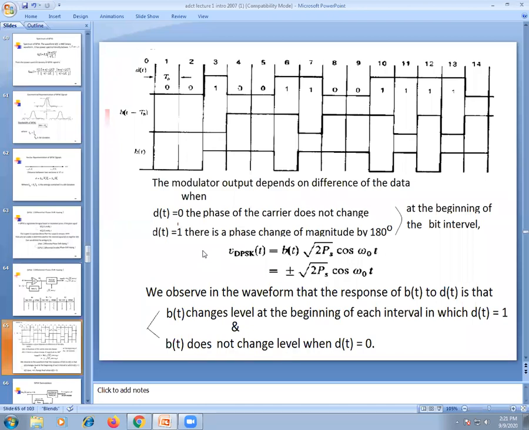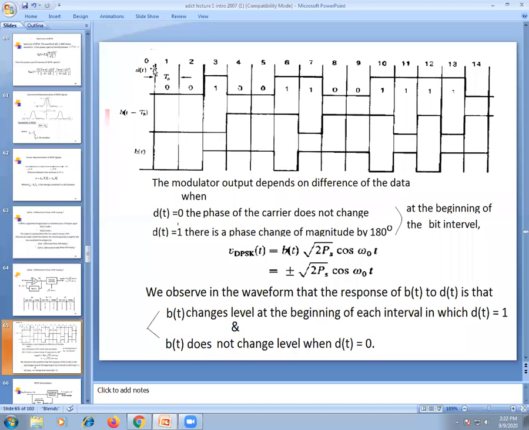Now there are waveforms. Let us see, the D of t signal is given. The D of t signal is 0, 0, 1, 0, 0, 1, 1, 0, 0, 1, 1, 1, 1, 0.